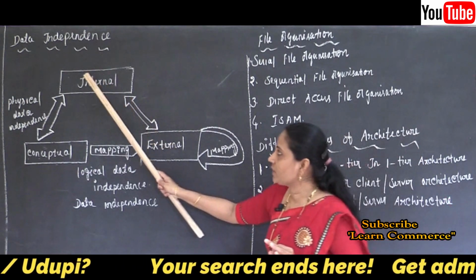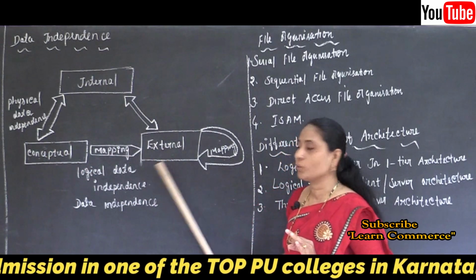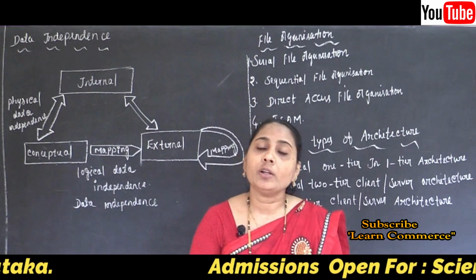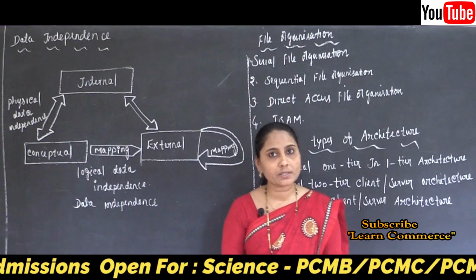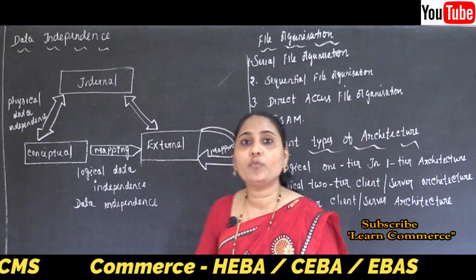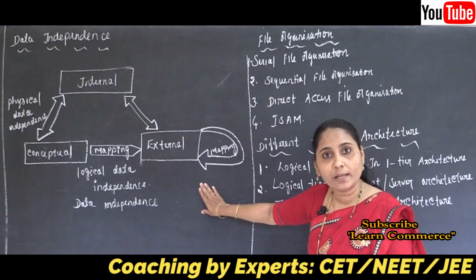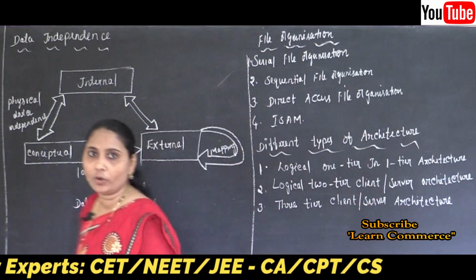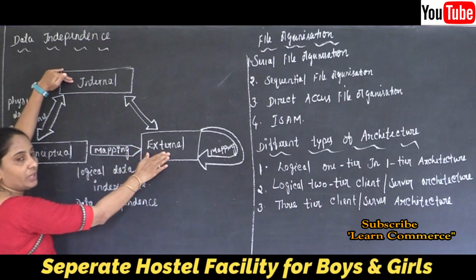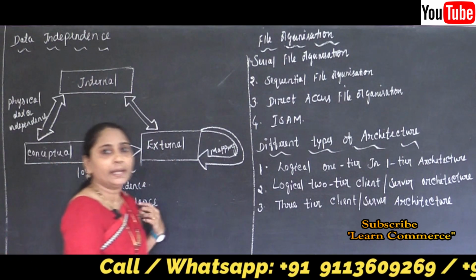That means changes between internal and conceptual, but no effect to the external or the application programs. Data independence occurs because when the schema is changed at one level, the schema at the next level remains unchanged. Correct? Why? Because changes between these two have no effect on the external, and changes between these two have no effect on the internal.